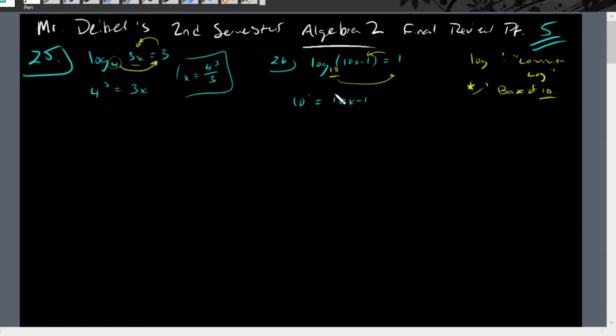Now, I'm going to keep working these problems out in a generalized way, so that if we don't know what 10 to some power is, or maybe it's some difficult number and you might need a calculator for it, don't worry about it. Just leave it like it is and keep working the problem out. So here you add 1, and you get 10 plus 1 equals 10x, and then you just divide by 10. And you get x is equal to 10 plus 1 over 10. All right, there's your answer.